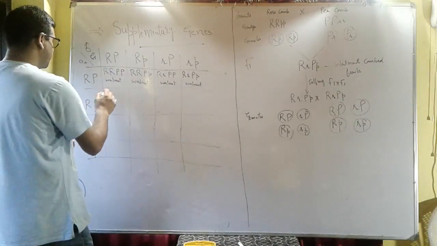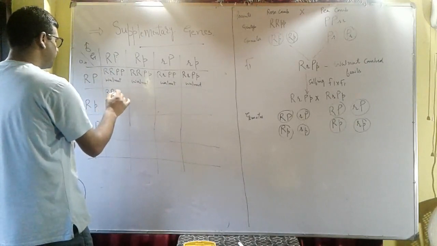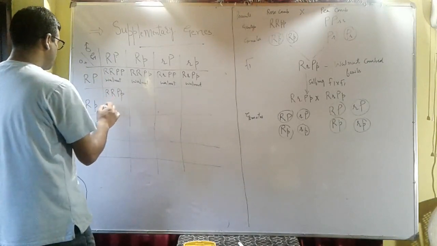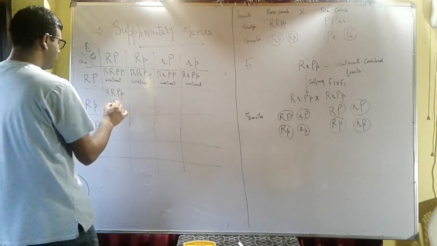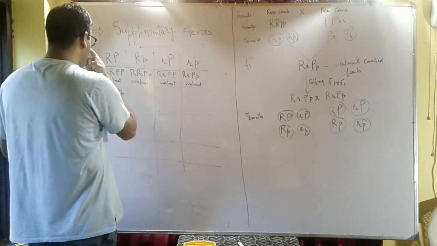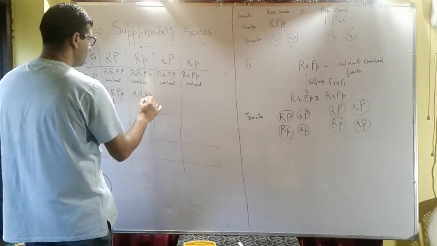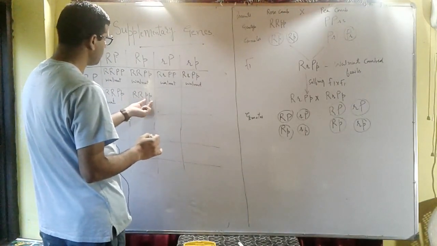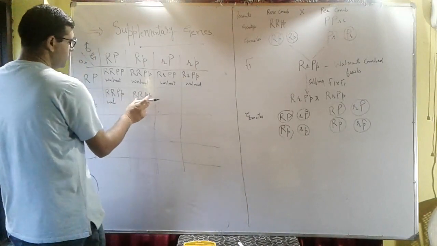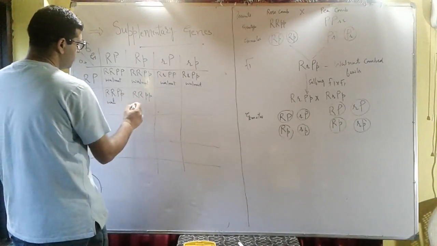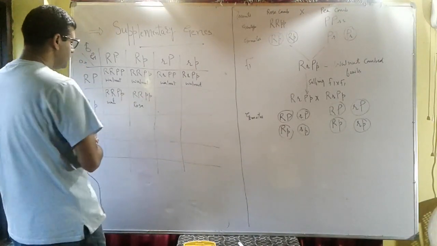Then capital R, capital R, capital P, small p. This is walnut. Capital R, small p, small p. This capital R, small p would be rose combed. This is rose combed.